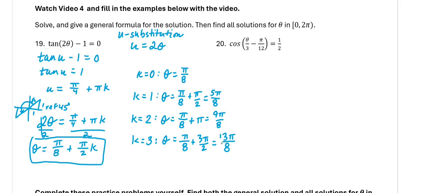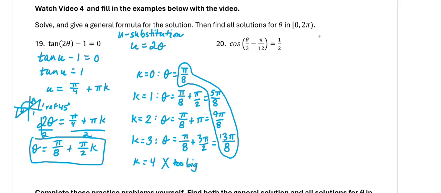Now, 13 pi over 8 is less than 2 pi, right? Because that would be 16, so that one's good. But I am in quad 4, so if I add on any more 90 degrees or pi over 2's, I will be out. So k equal to 4, you can try it, but it's going to be too big. Okay, so you're done. These are your answers to the solutions that are between 0 and 2 pi.